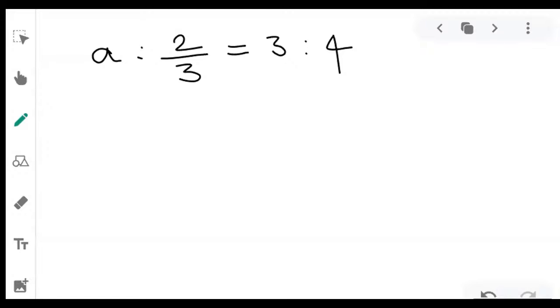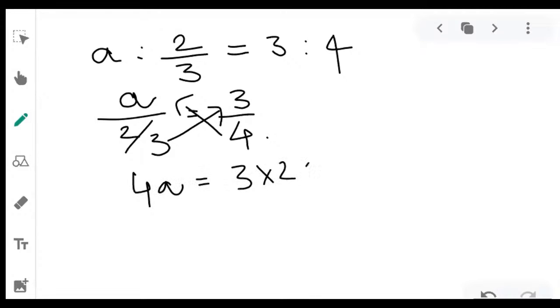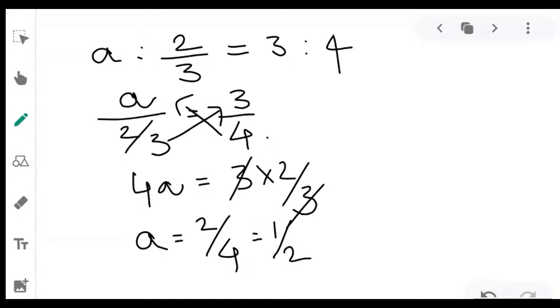A is equal to 1 by 2, ma'am. So what do you do first? A by 2 by 3 is equal to 3 by 4, right? We are cross multiplying. 4A is equal to 3 into 2 by 3. So A is equal to 2 by 4, that is equal to 1 by 2. This makes sense? Yes, ma'am.